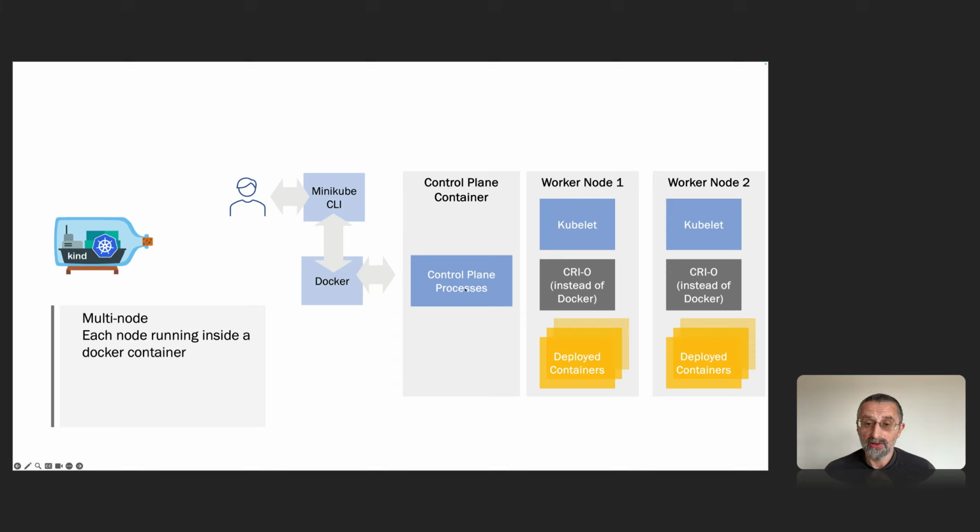You have the control plane with its processes, worker nodes with kubelet. As you can see, there is another container management system instead of Docker, CRI-O, within the kind Kubernetes. Master and worker nodes run in containers, and app containers run inside node containers.